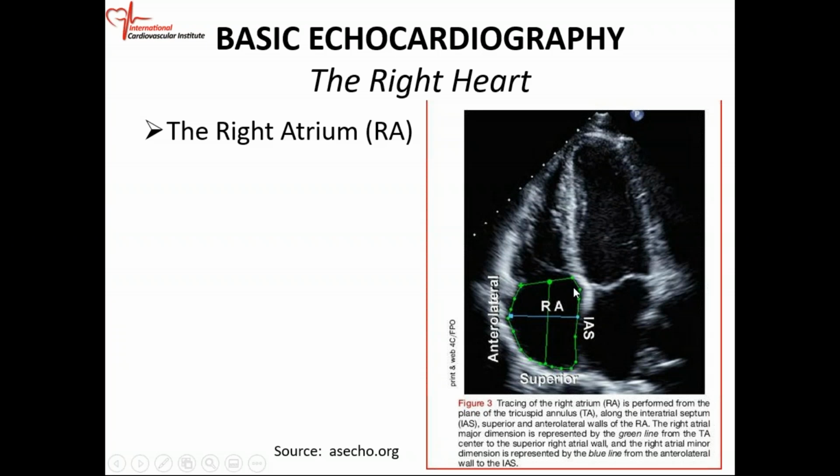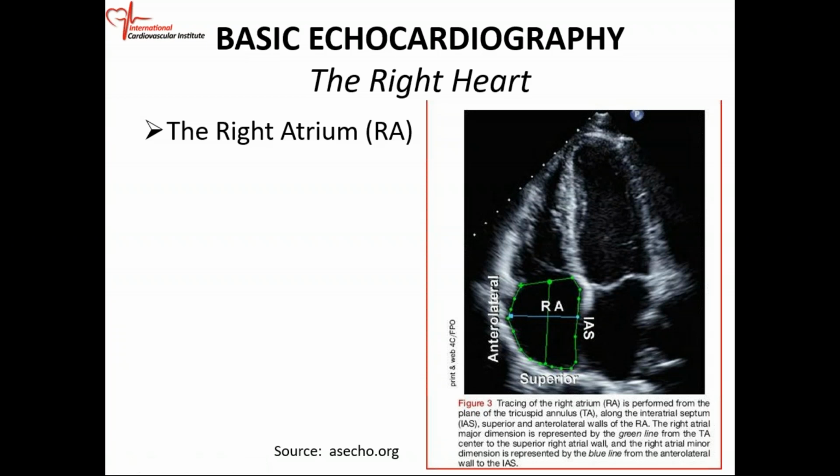And the machine will give you an area. You can see that you have two measures, you have a longitudinal and a shorter measure. But essentially what we're interested in for the right atrium is the area.